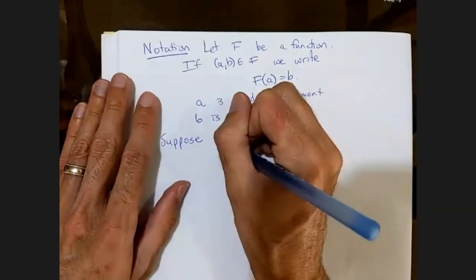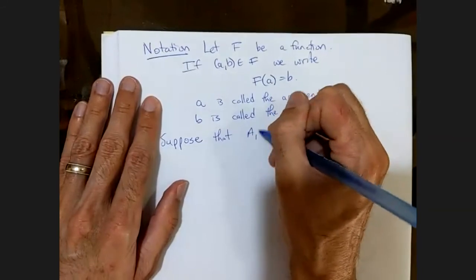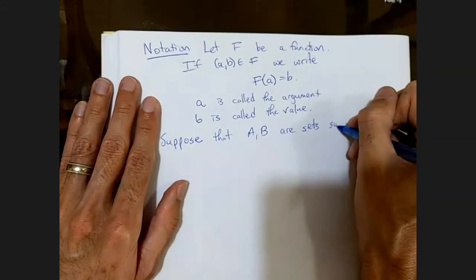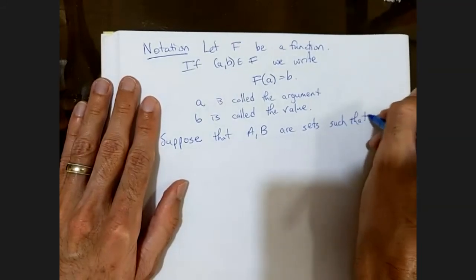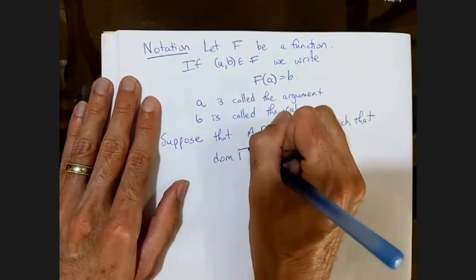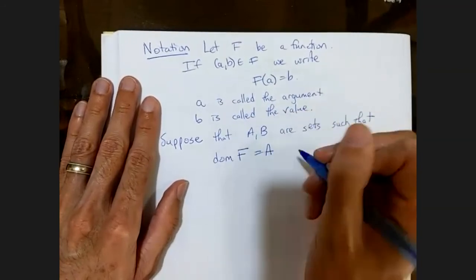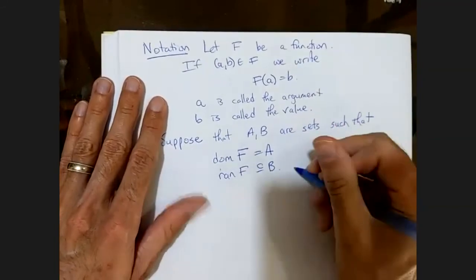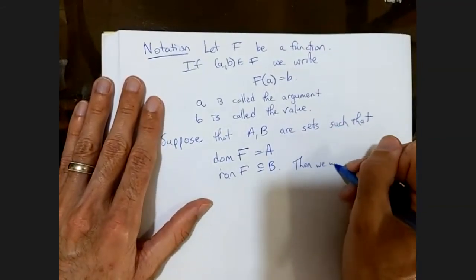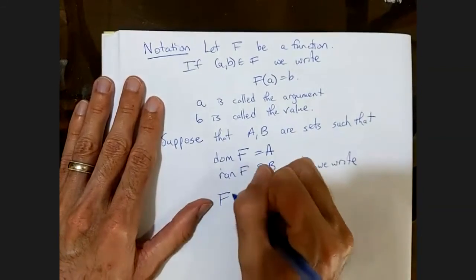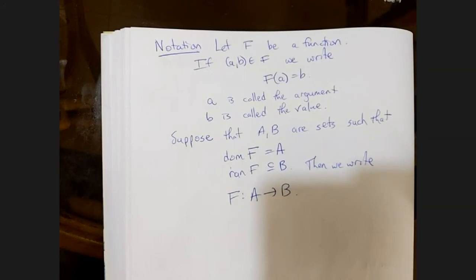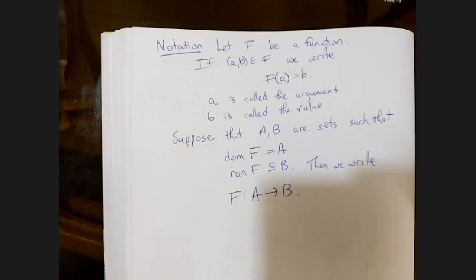Suppose that A and B are sets such that the domain of F equals A and the range of F is a subset of B. Then we write F goes from A to B. Okay.